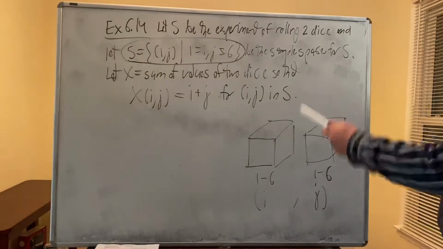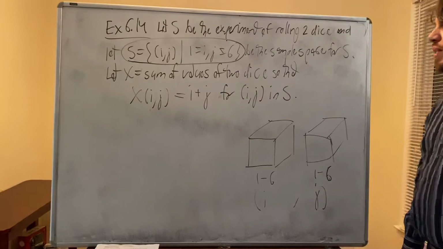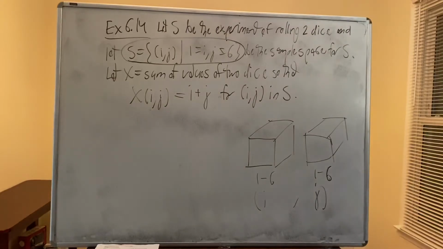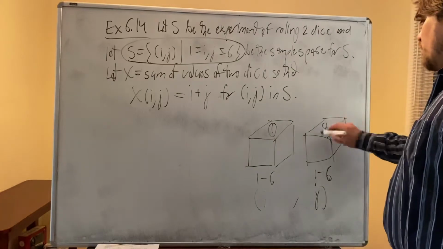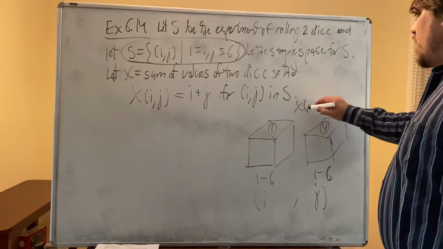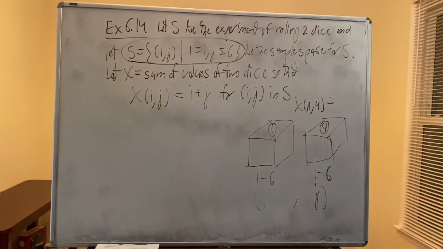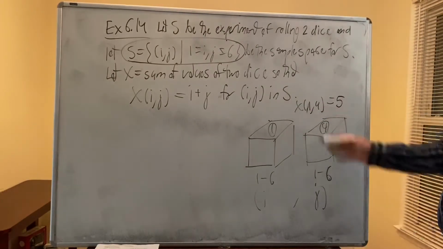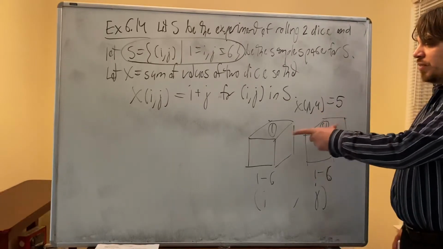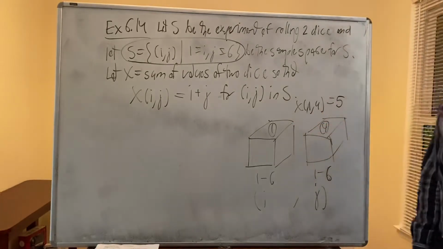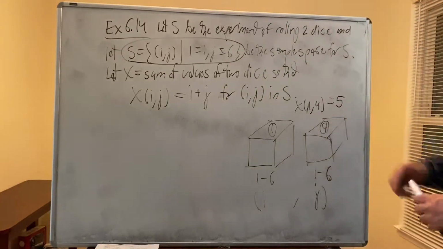Okay? Capital X is a real valued function, and it's a random variable that sums the two values of the dice. So for instance, if you rolled this die and got a 1, and you rolled this die and got a 4, X of 1 comma 4 would be the sum of those two values, and it would be 5. So X is taking as an input a sample point in the experiment, which is 1 comma 4, where 1 is the outcome of the first roll and 4 is the outcome of the second roll.